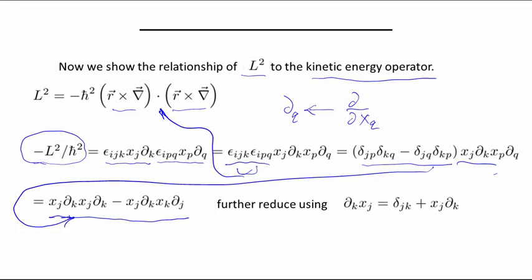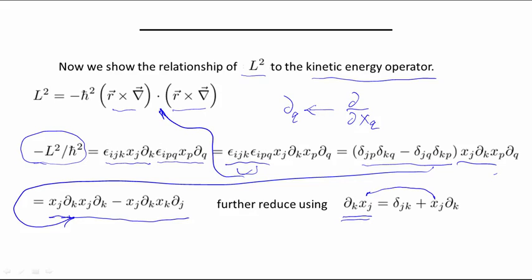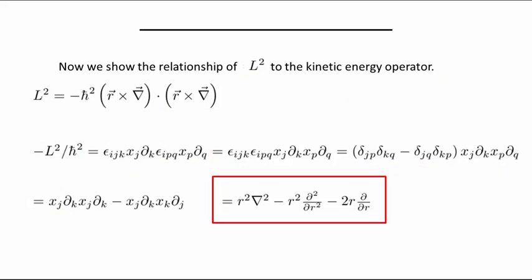So in other words, this is just a straightforward compression of that symbol, and then we're going to reduce this further by using this identity to move the x out from in front of the derivative.